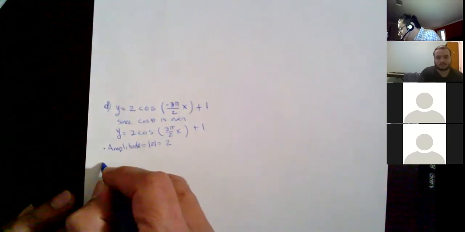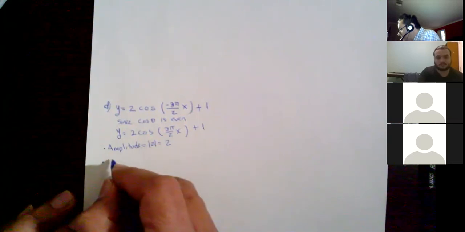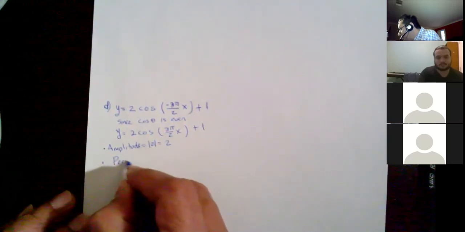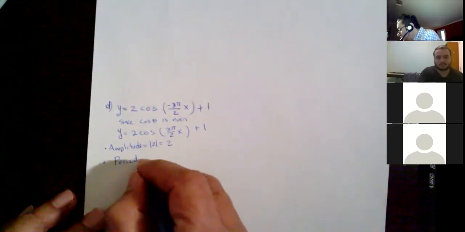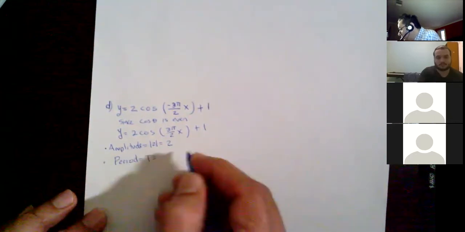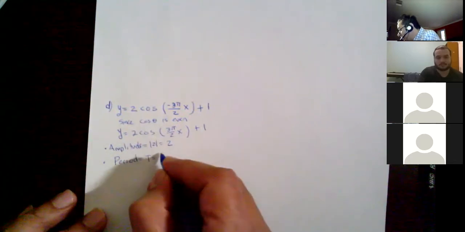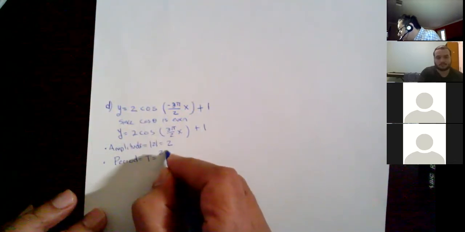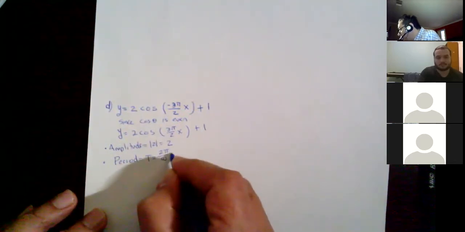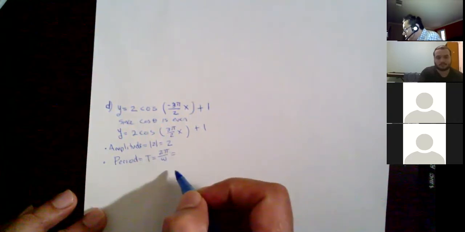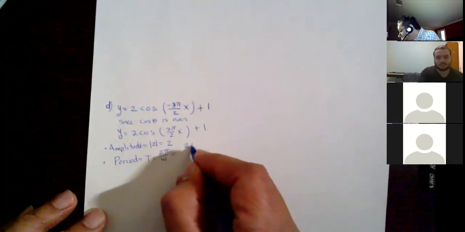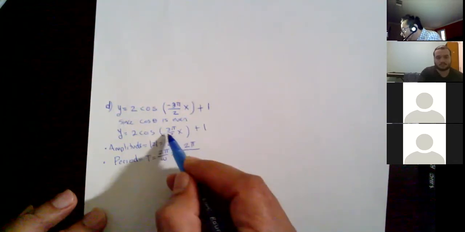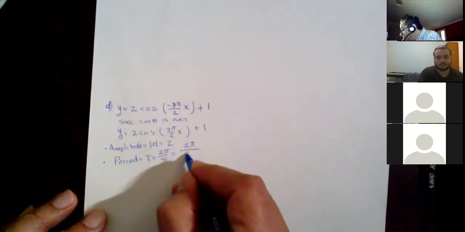All right. Then let's find the period. Since we're talking about the cosine, the period is 2 pi over omega. And notice here, omega is 3 pi over 2.